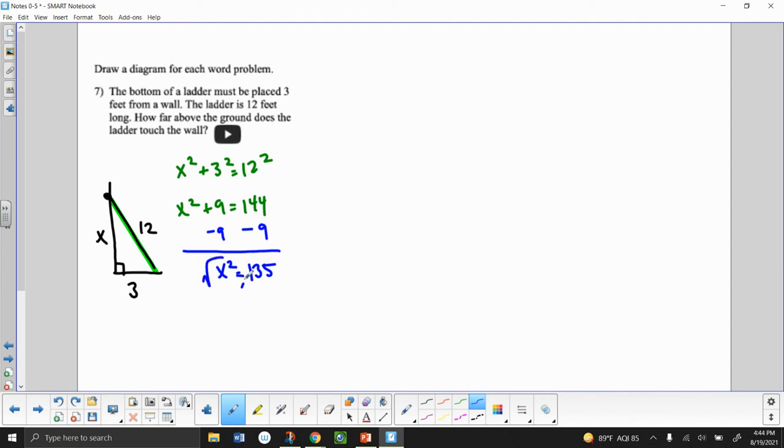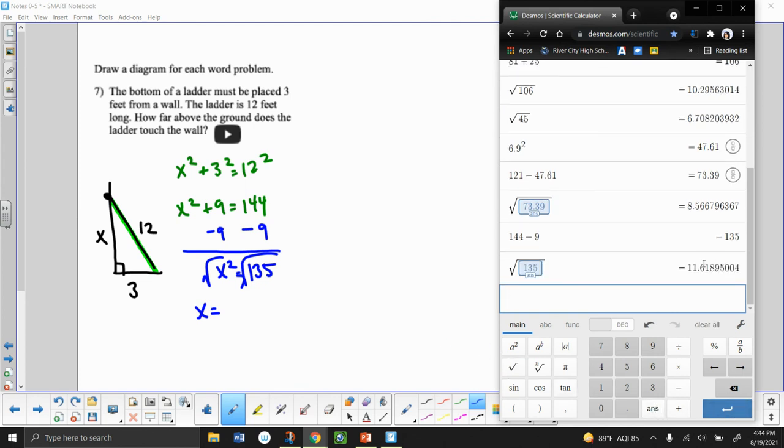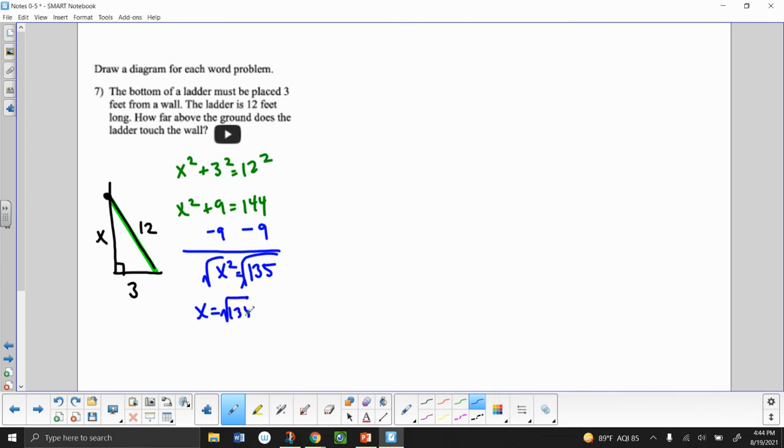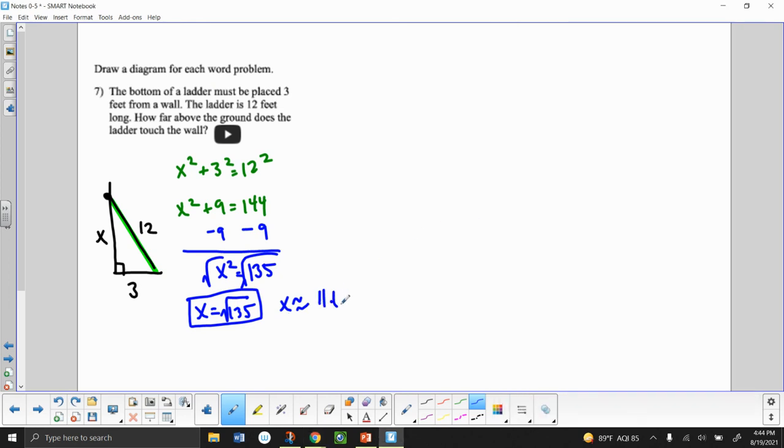And then square root both sides. So again, I have a decimal, so exact is square root of 135. And then my approximate, we're going to round. So two numbers after, that's 6.1, and then we have 8 next, so we're going to round up to 6.2. So 11.62.